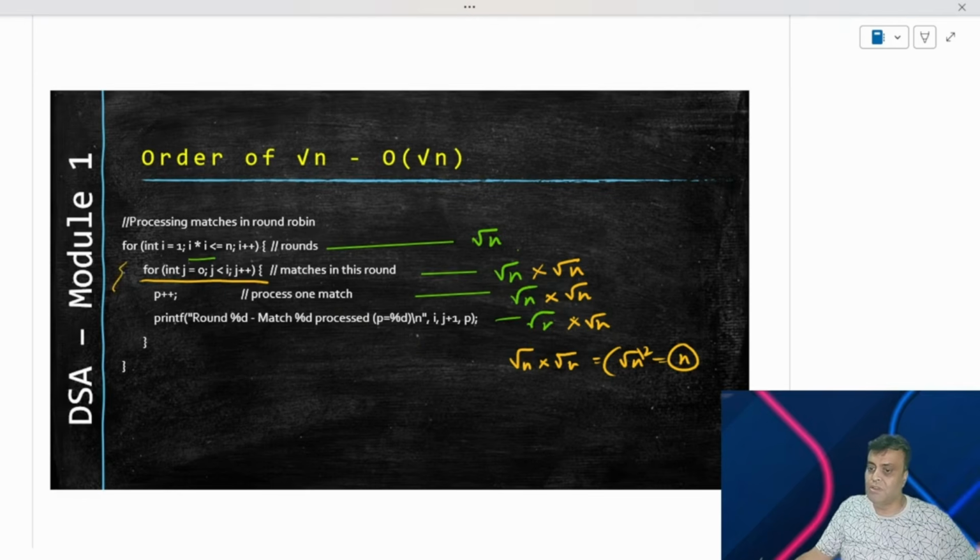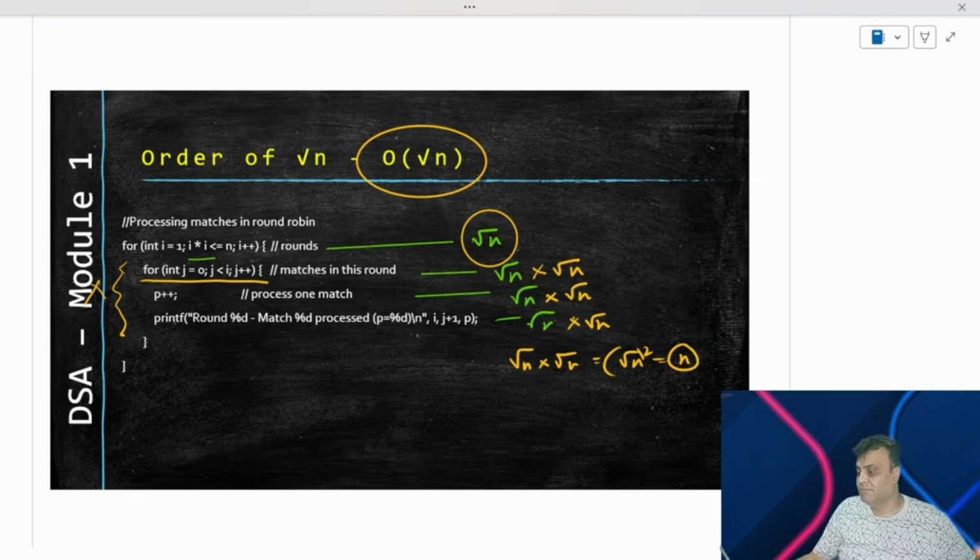In case this particular loop was not there, then we would have established ourselves with a time complexity of root n, right? In the current state of the problem, we are actually hitting a time complexity of n.